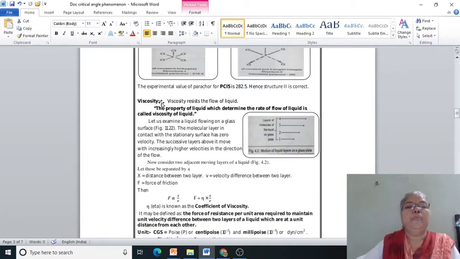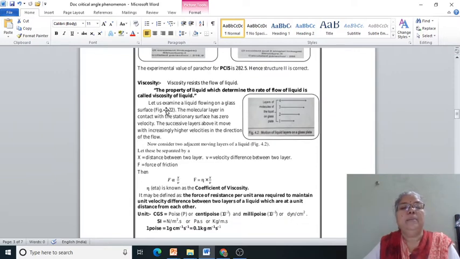Viscosity is one of the physical properties, and it determines the flow of liquid. The property of a liquid which determines the rate of flow of the liquid is called the viscosity of the liquid. Remember, the property of a liquid which determines the rate of flow of the liquid is called the viscosity of the liquid.